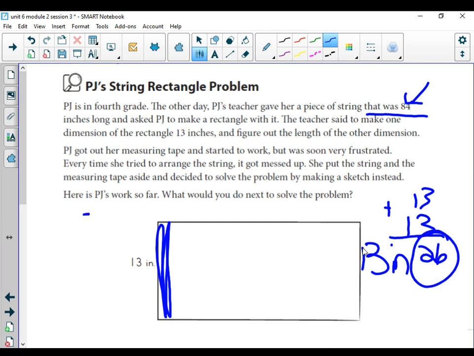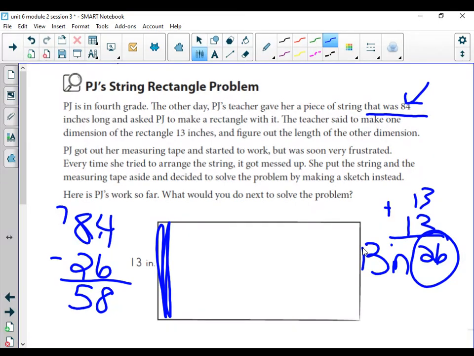So let's do 84 take away 26. Left over, we have 58 inches. I'm going to make sure I did it right. I'm going to add 58 plus 26, and I should get 84, which I did. So we have 58 left.